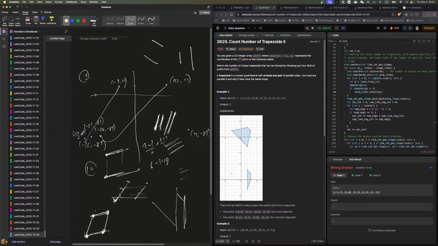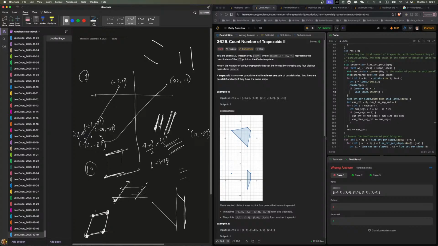Because if they belong to a parallel line, the counter P is larger than 0. So yeah, I can get what points are on it.